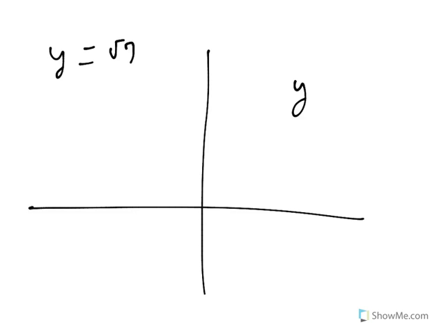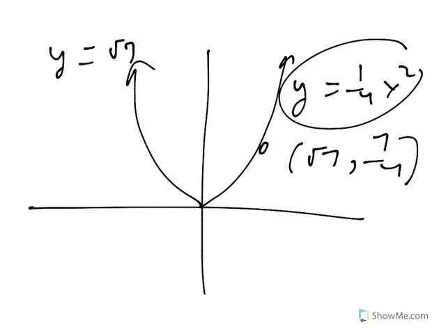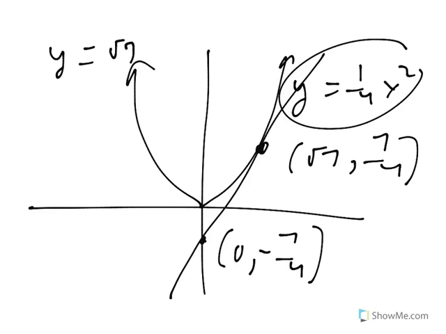Now, to make the square root of 7, the idea is that the parabola y equals 1/4 x squared has on it the point (square root of 7, 7/4). You put square root of 7 in for x, and that would happen. So that tangent line would have (0, -7/4) as its y-intercept.